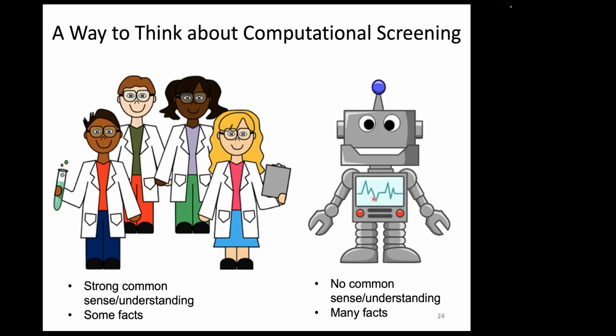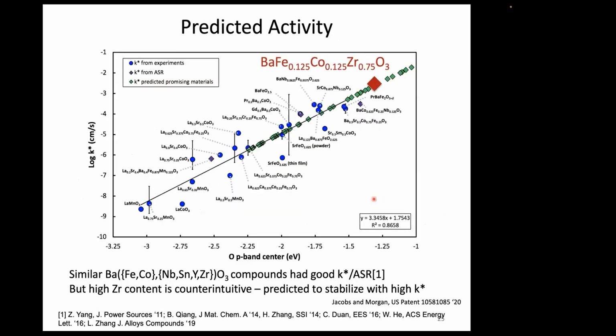Otherwise, you can go off on a lot of wild goose chases of really irrational compounds. So that's what we did here. We looked at all these predictions and we settled on one that seemed to us the right balance of new and interesting, but not crazy and bizarre.